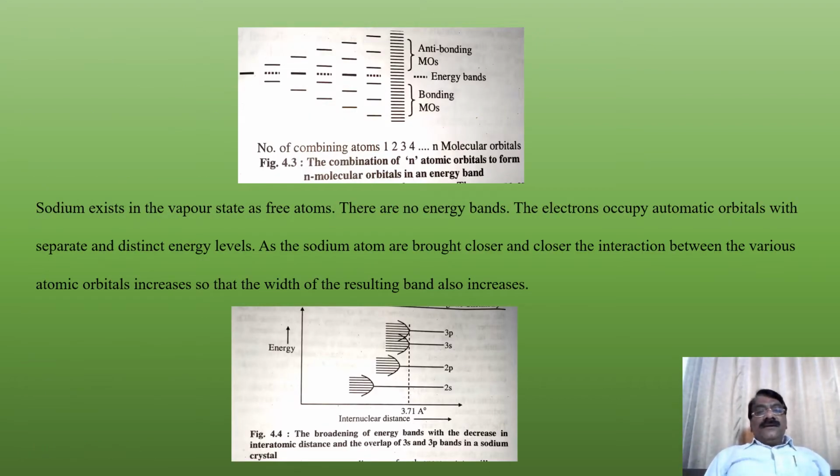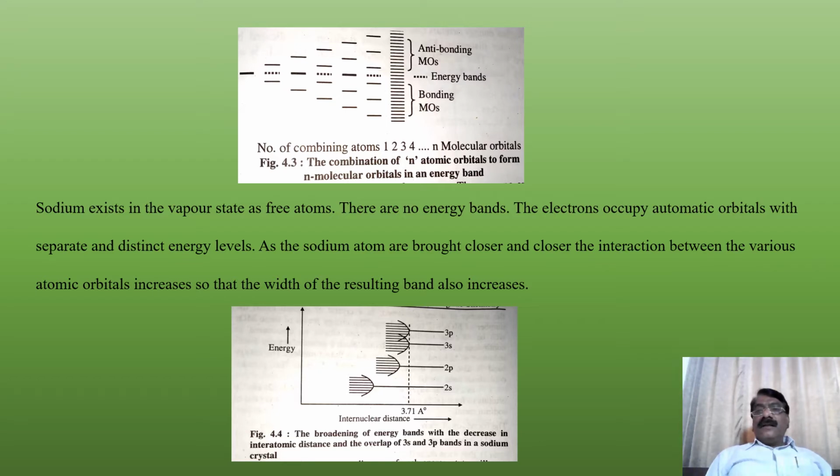See, in this figure, there is formation of bonding molecular orbitals and antibonding molecular orbitals, that is BMO and ABMO. Sodium exists in the vapor state as a free atom. There are no energy bands.